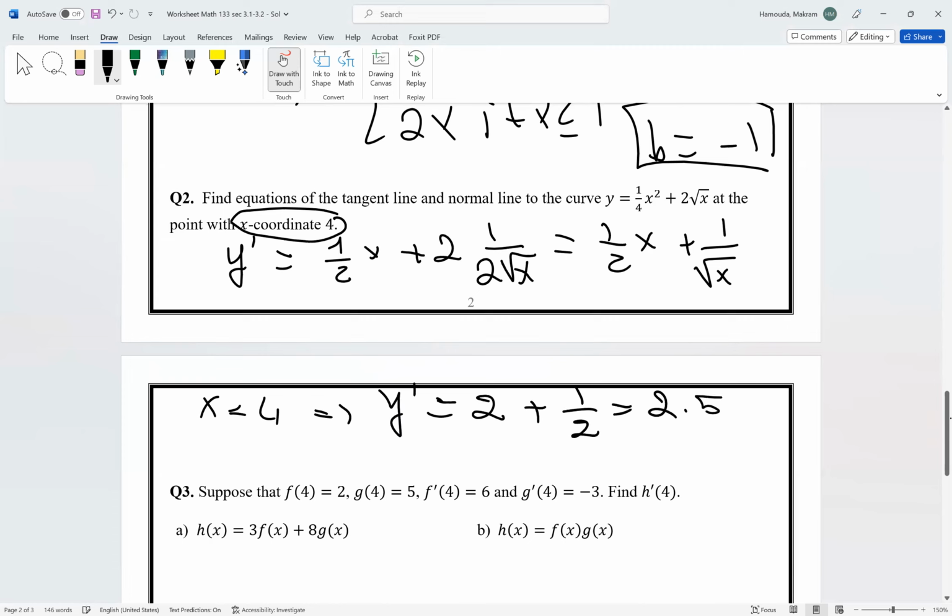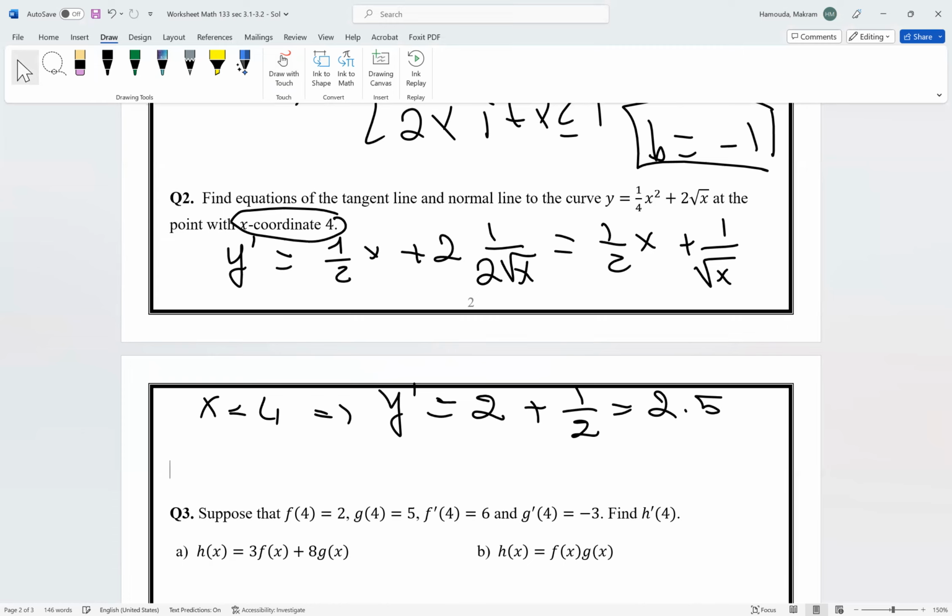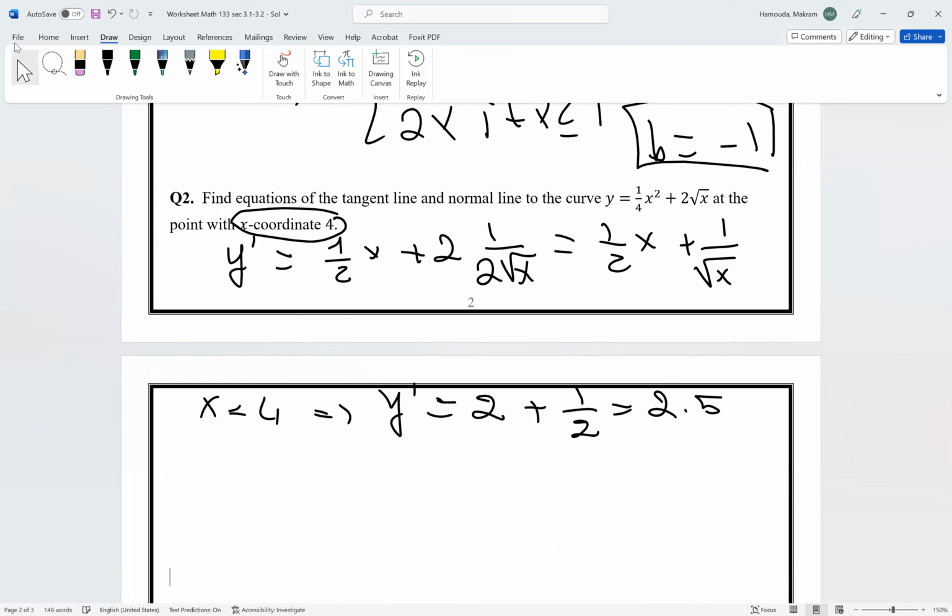That's the slope of the tangent line, and the equation of the tangent line, it will be here to make more space. Okay, then I will have the tangent line.